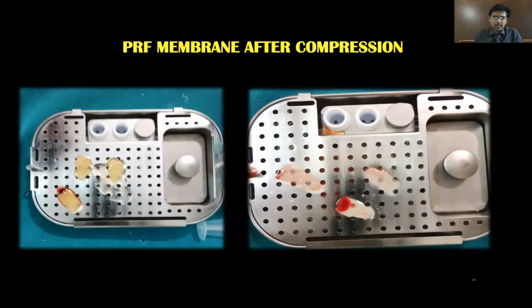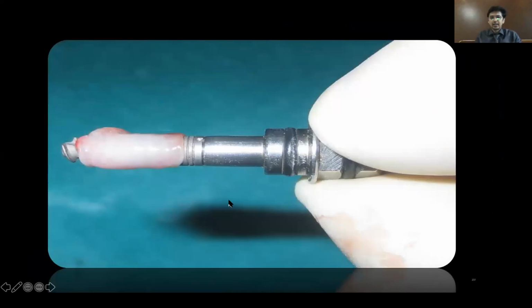Now in this study, the main problem we faced was that once we had coated the implant surface with this PRF membrane, the osteotomy was supposed to be narrower than the diameter of the implant. So when we tried to squeeze the implant into the osteotomy site, half of the PRF was getting squeezed out.